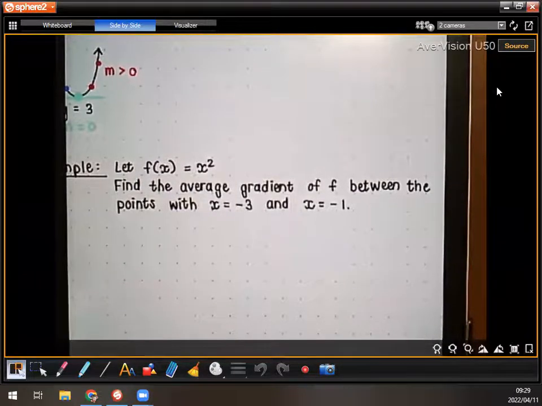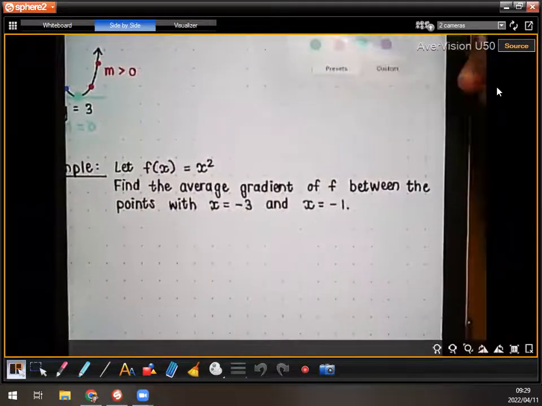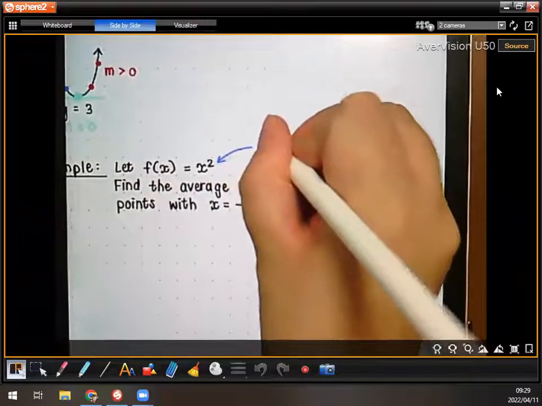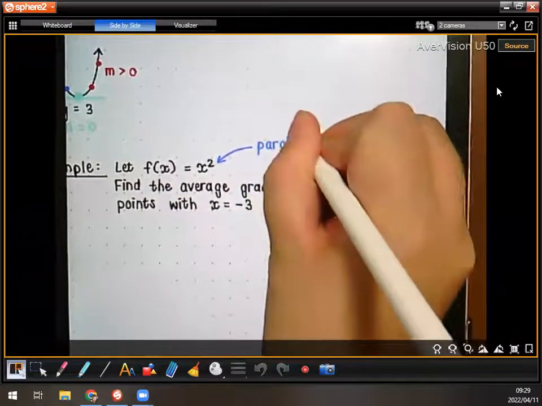So guys, what type of graph is this? Y equals x squared. Parabola, right? Okay, so let's just write that down. It is a parabola. That is why they're asking for the average gradient, okay, because it is a curve.